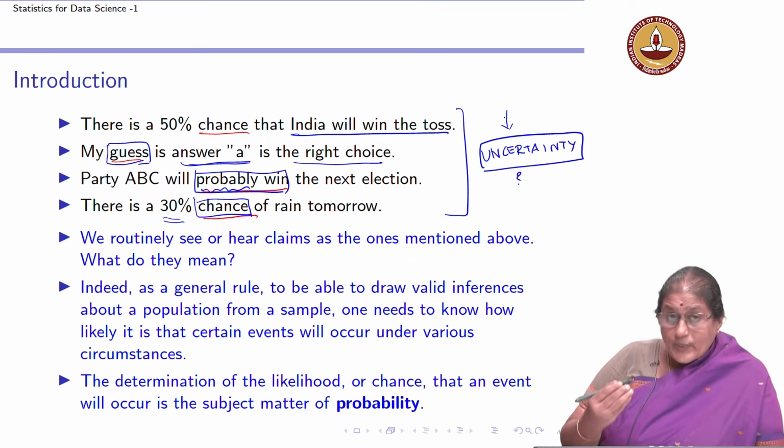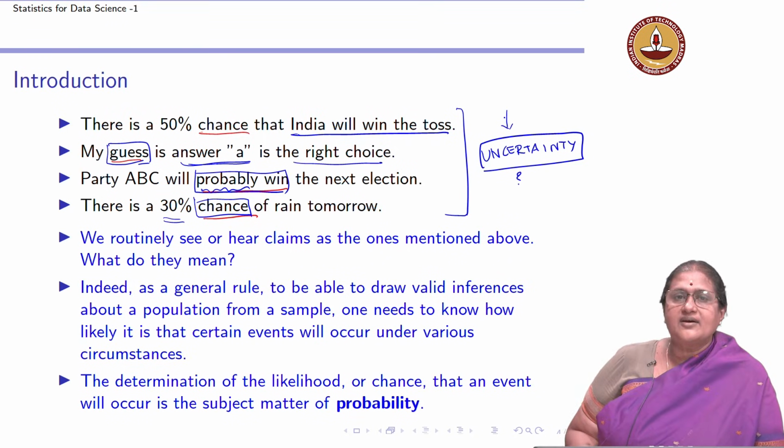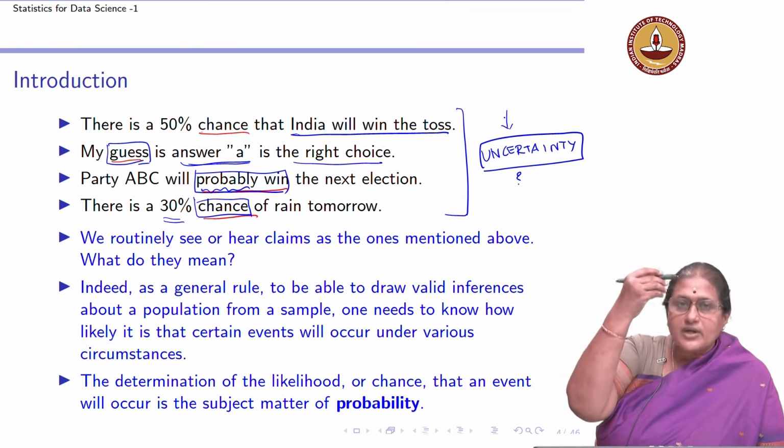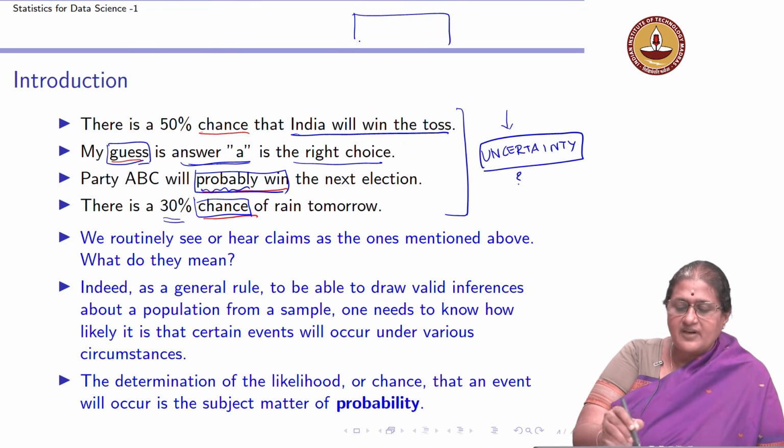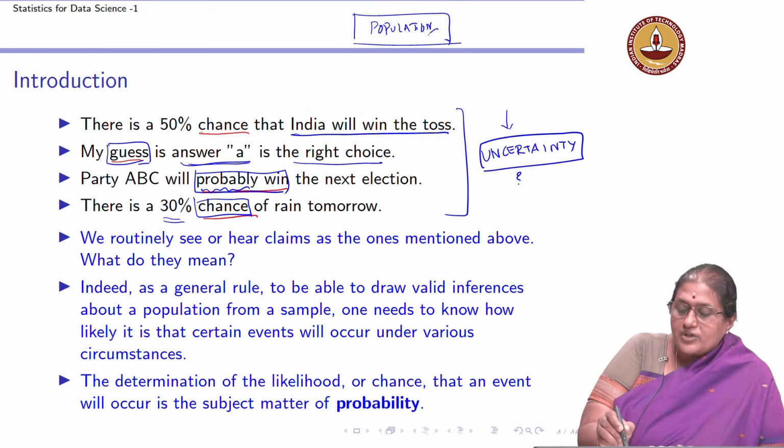So, why do we need to learn about this here? Remember, when we talked in our descriptive statistics module, we said that we have a larger set which we refer to as a population. We refer to the smaller subset of a population as a sample.